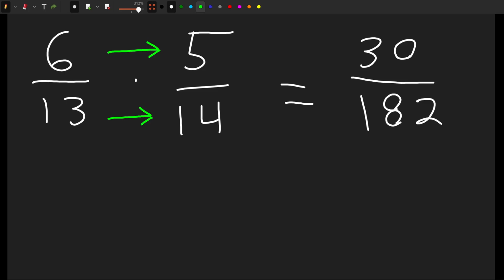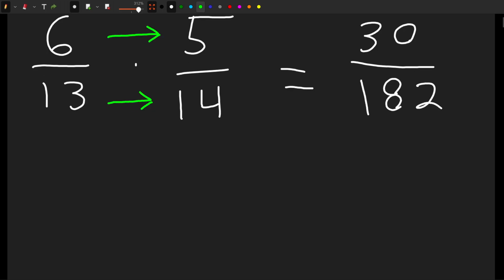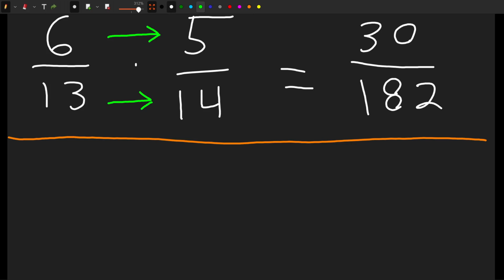Another way we can multiply fractions is we can use a concept called cross-canceling. I'm going to use the exact same two examples here. I'm going to draw an orange line to separate my work. We will have 6 over 13 times 5 over 14.